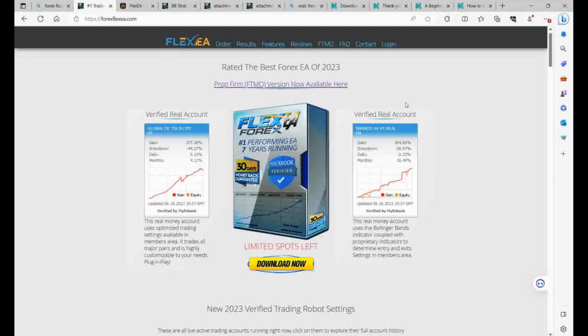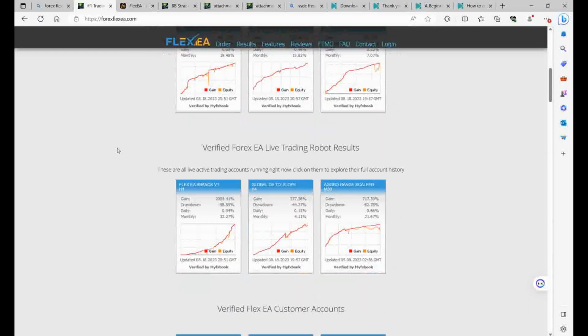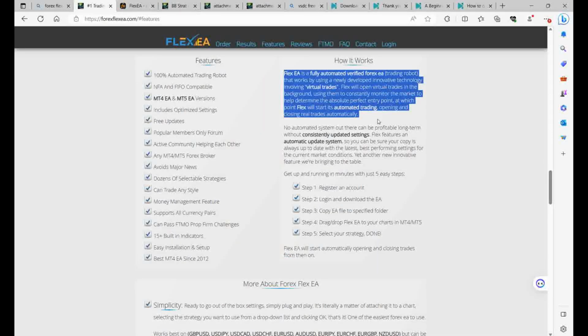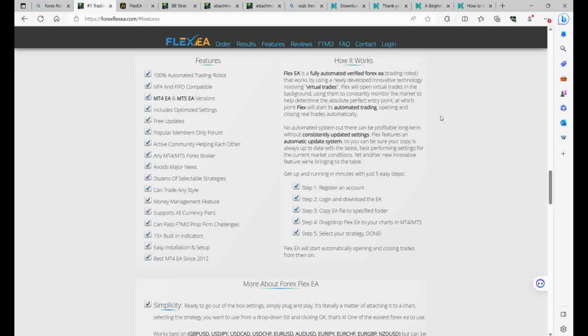That's one of the things that Forex Flex really boasts about. It says Flex will open virtual trades in the background, using them to constantly monitor the market to help determine the absolute perfect entry point, at which point Flex will start its automated trading, opening and closing real trades automatically. Now, in terms of the perfect entry point, I don't really believe in this at all.